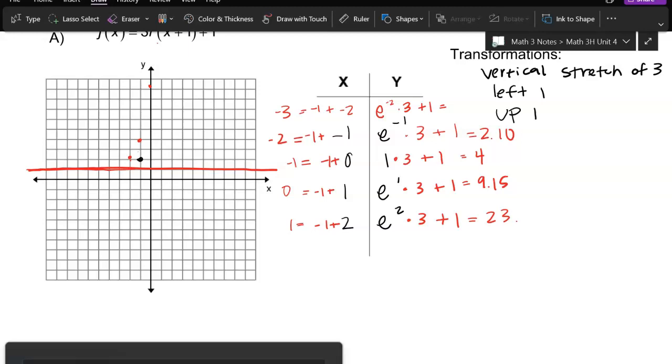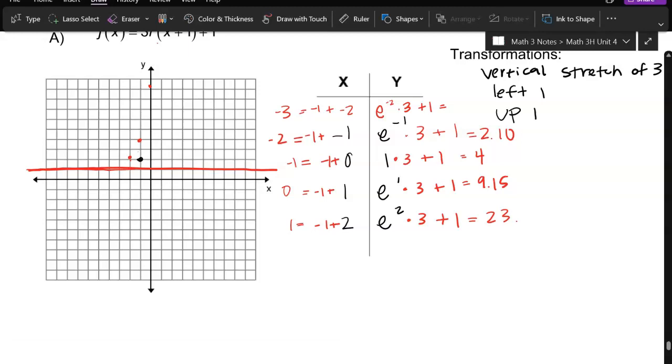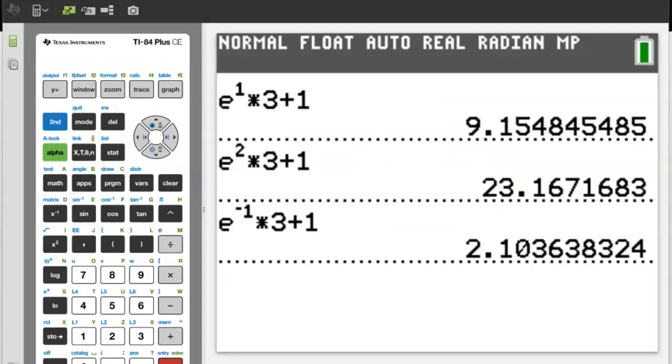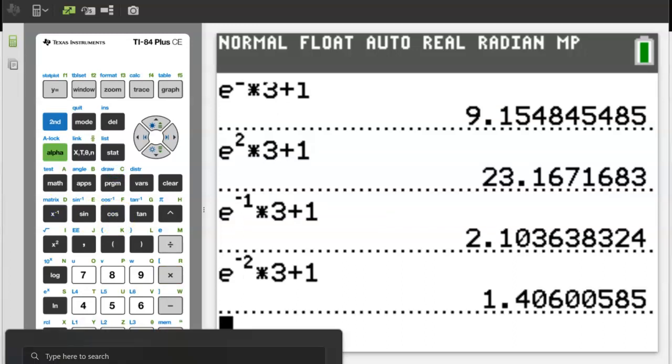All right, and then at negative 3, e to the negative 2 times 3 plus 1, we get 1.4.